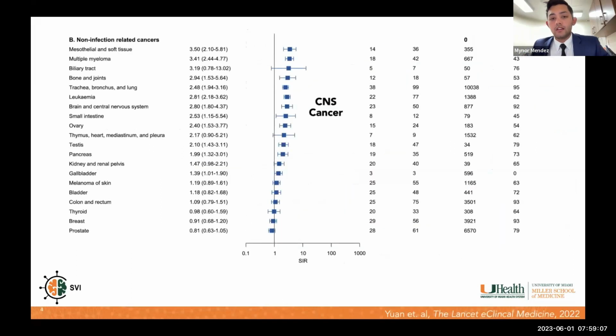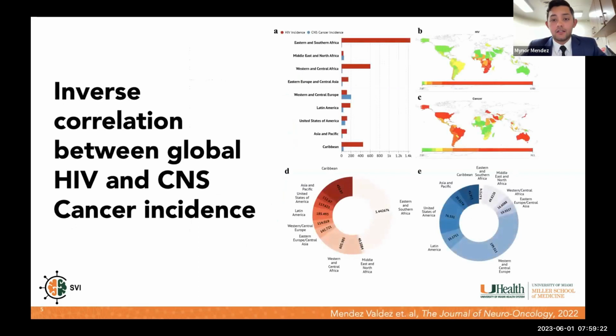This other study in 2002 again highlighted this, and you can see here that of these non-age-related malignancies, CNS cancer was actually significantly increased in this patient cohort. So when we looked at the correlation and the relationship between these two conditions, we saw that there was an apparent inverse relationship, with Eastern and Southern Africa having the highest incidence of HIV globally with the lowest incidence of CNS malignancies.